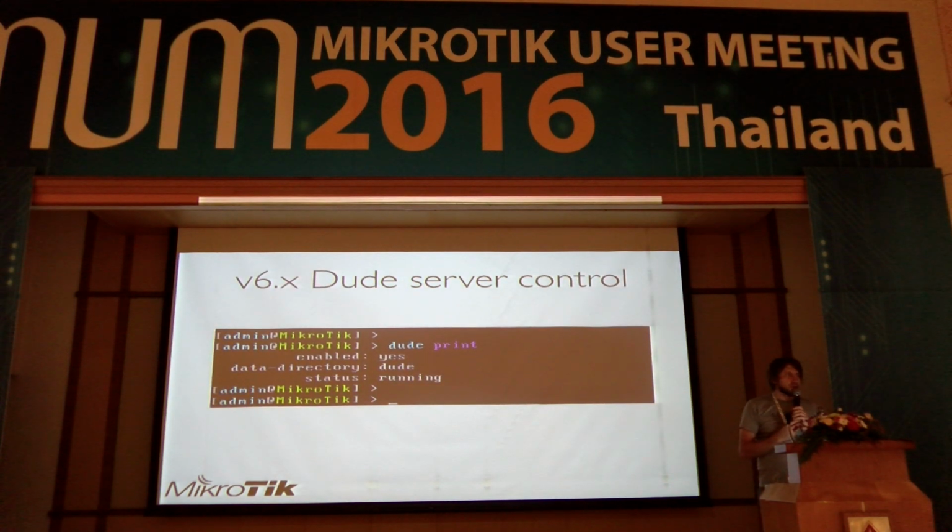Dude server control currently is available only via console, but it is very, very easy. Just type Dude print to see whether it is running. This is a command line command.